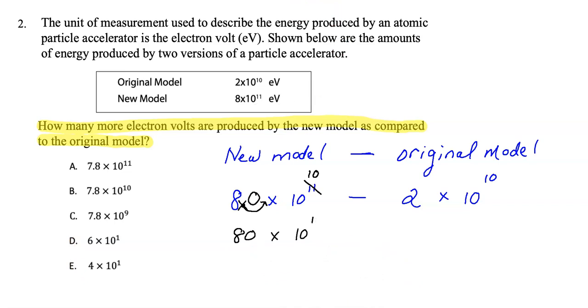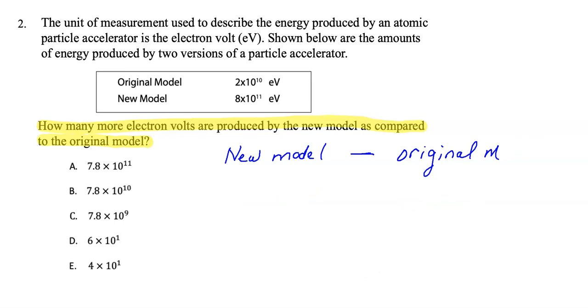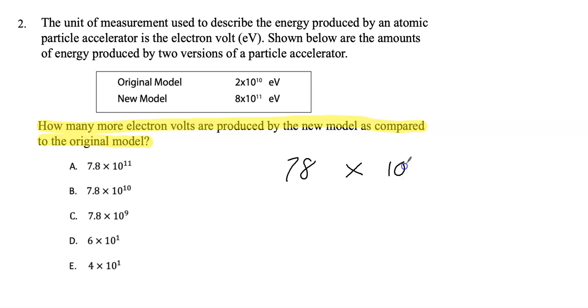Clear all this out. I should have just used my eraser here to go quicker. But we had 78 times 10 to the 10th. Now, by the way, this is really scientific notation because we're multiplying by 10.